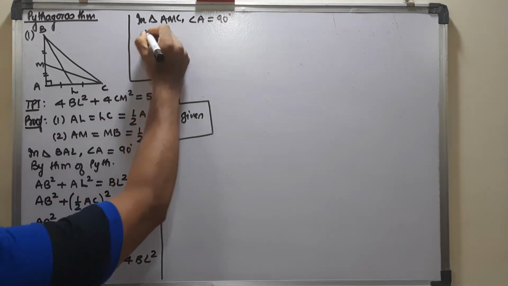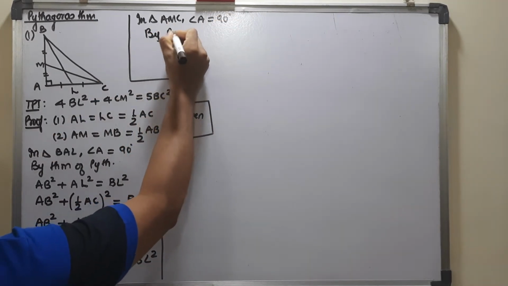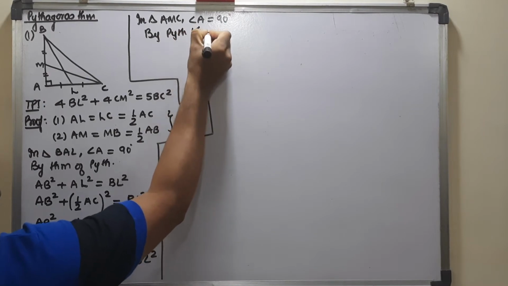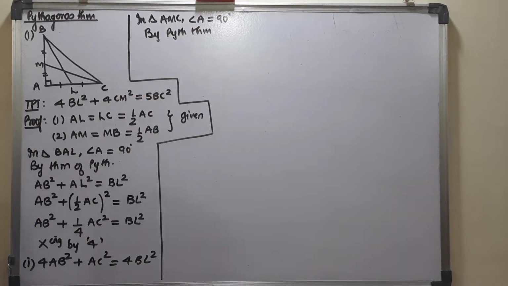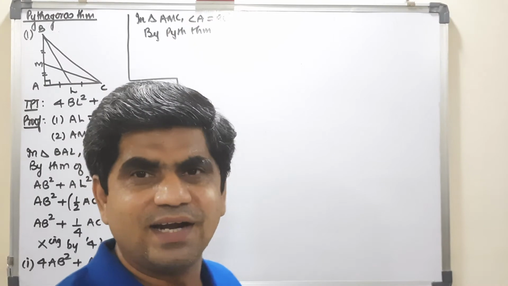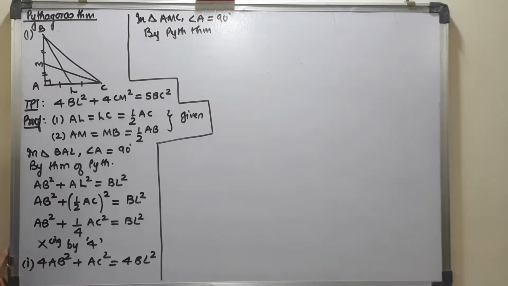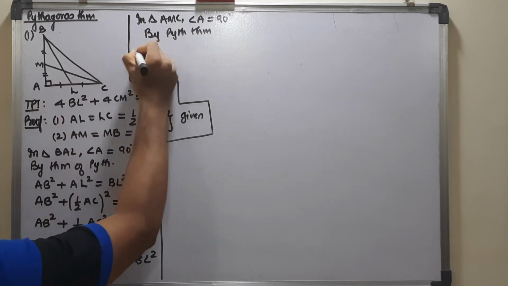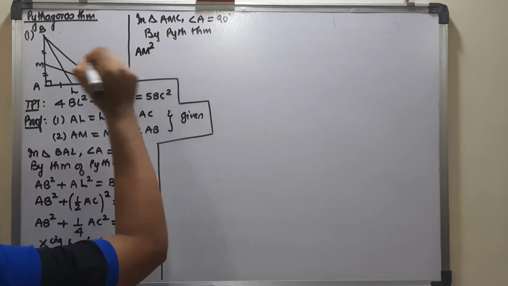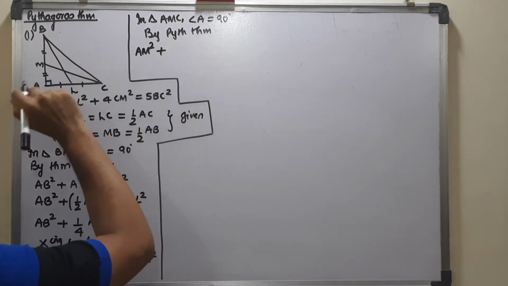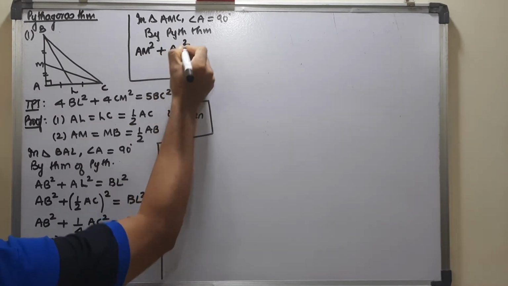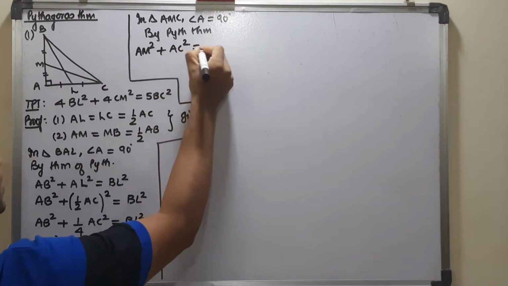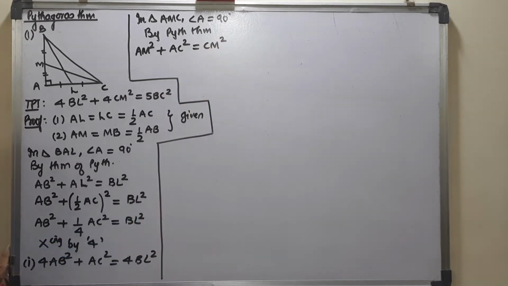So using Pythagoras theorem, why are we using it? Because I want squares, and square I can get very easily in a right angle triangle by Pythagoras. So the sum of the squares of the sides forming the right angle, this is the first side, its square, plus the second side AC, its square, is equal to CM square.